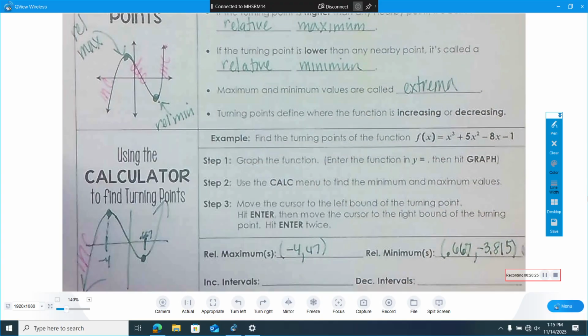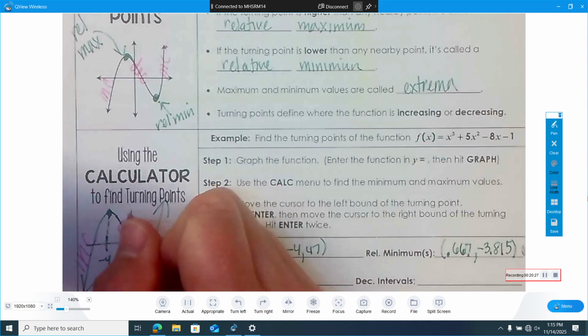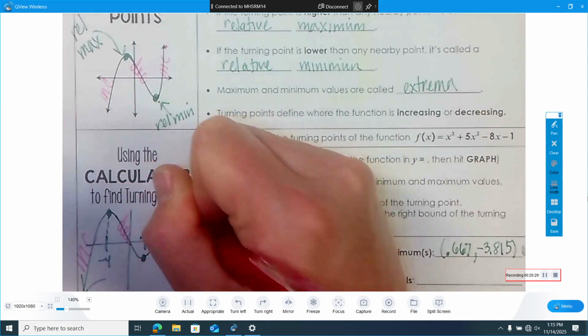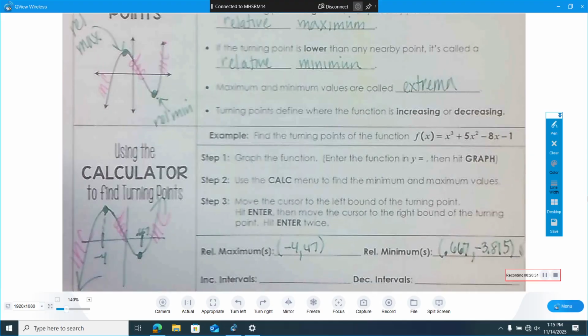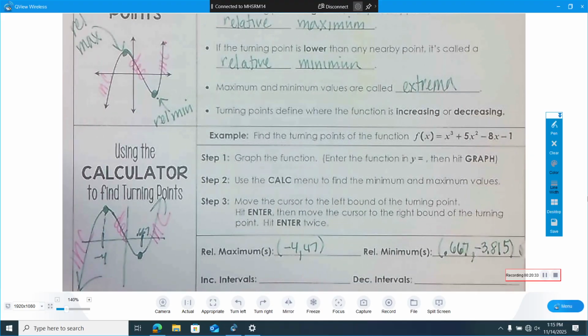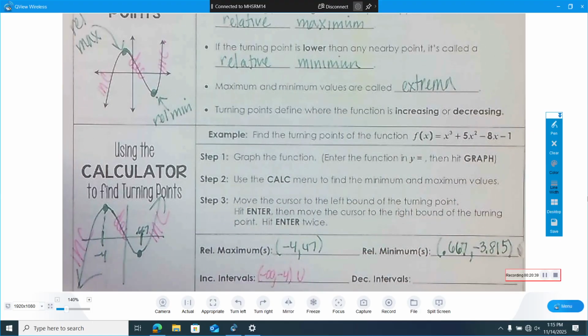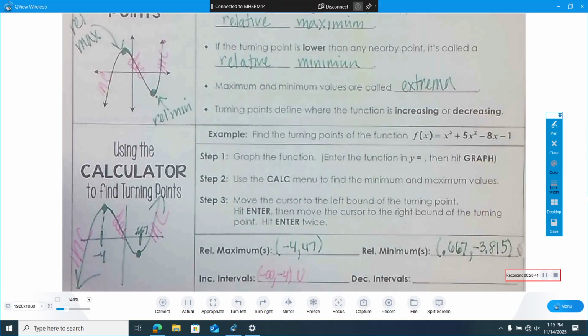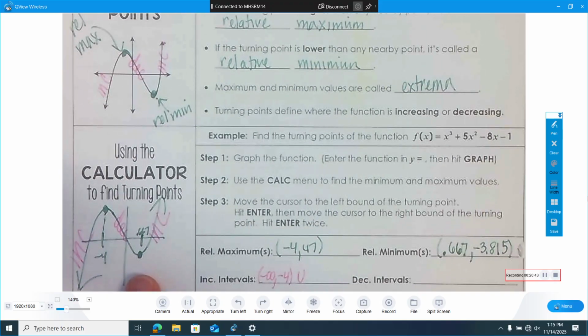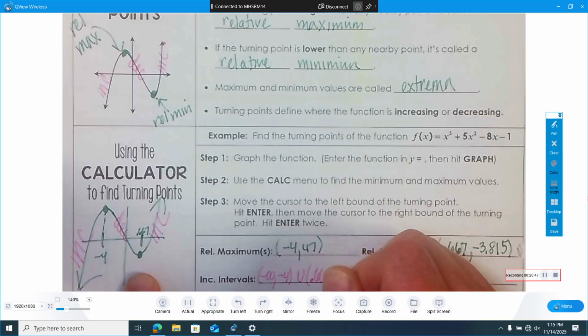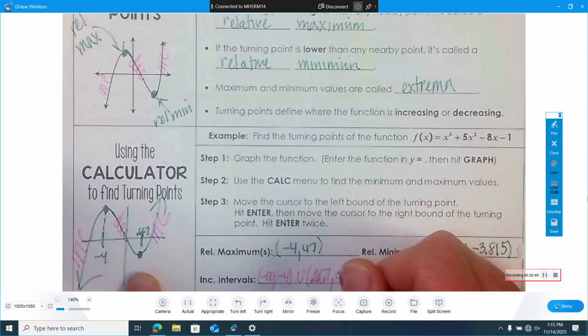We are increasing, going uphill, then we're decreasing, then we're increasing. So what is our increasing interval? -infinity to -4, union 0.667 to positive infinity.